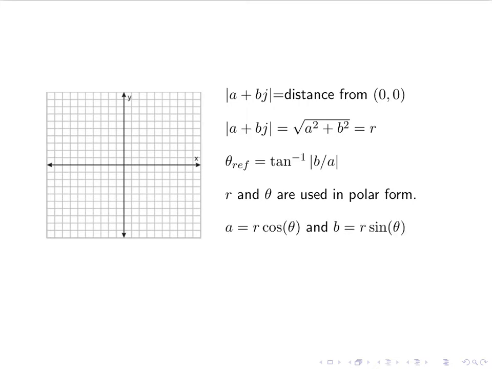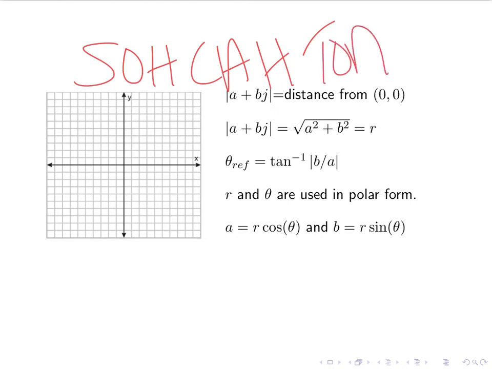So going backwards, and again, this is all from what we learned with the vectors, and it's also from SOHCAHTOA. So A would be r cosine theta, and B would be r sine theta. And again, that's from SOHCAHTOA. Right, the tangent is the TOA part.